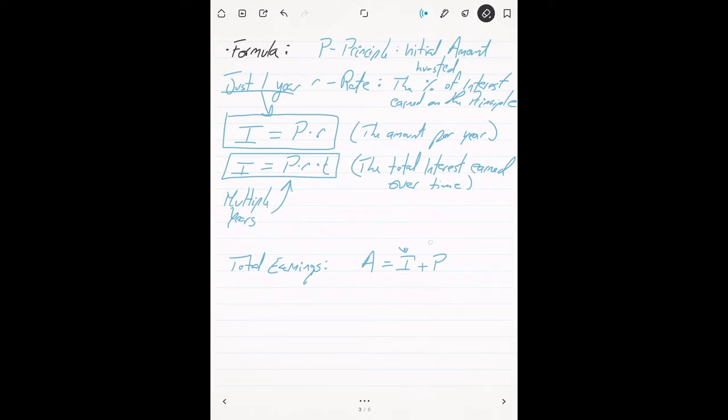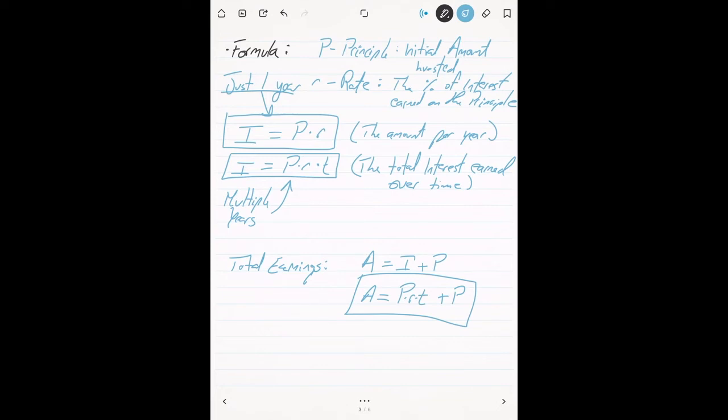So, remember, we had a formula for interest. It was P times R times T. So if you can figure out what your interest is, or how much money you've earned in interest over time, and you add that to what you initially had in the account, you will be able to figure out how much money you have in total.